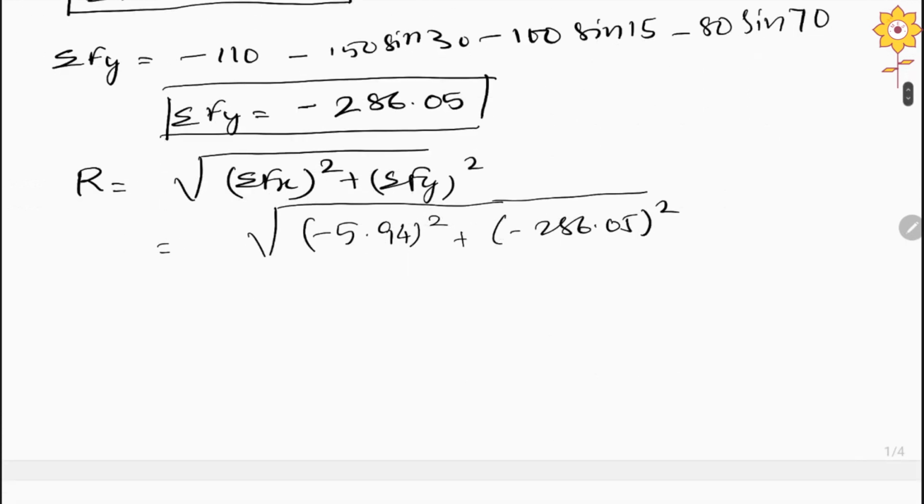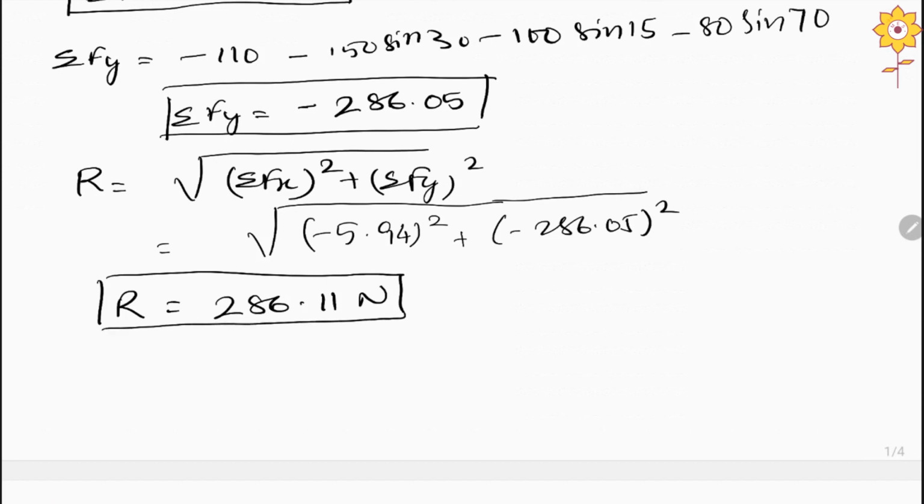If you put it in the calculator, we'll get the resultant R equal to 286.11 Newton. So this is the resultant R.